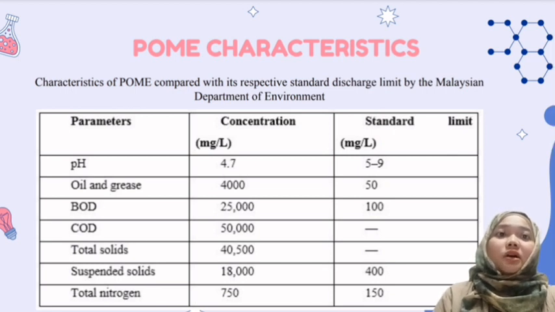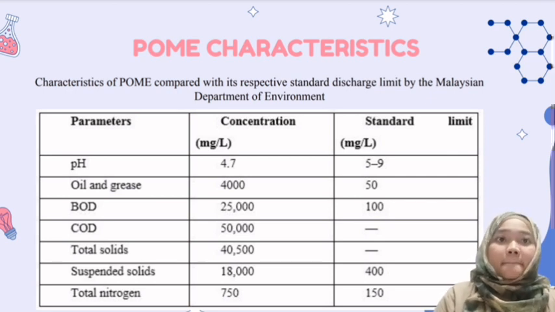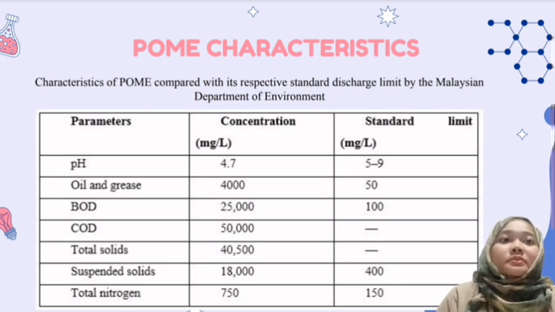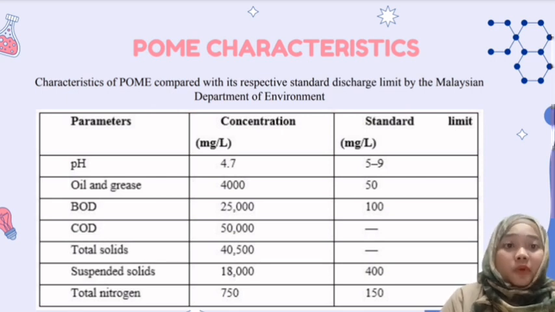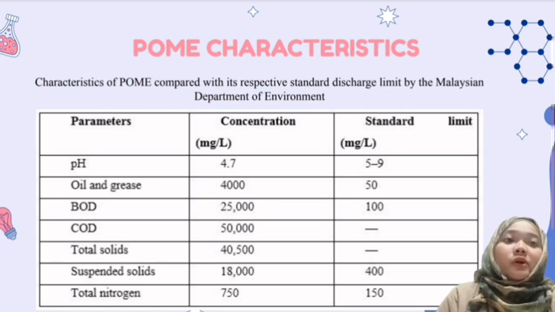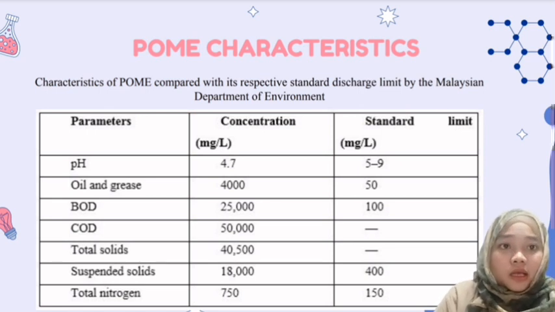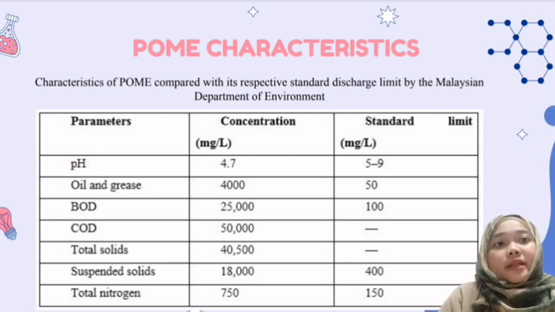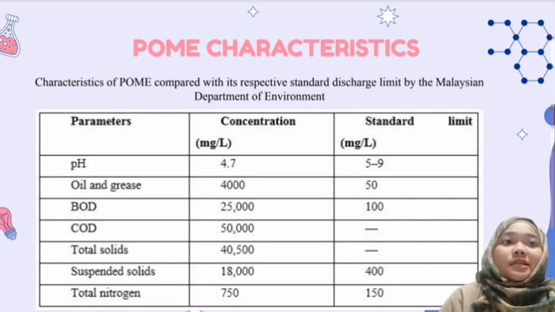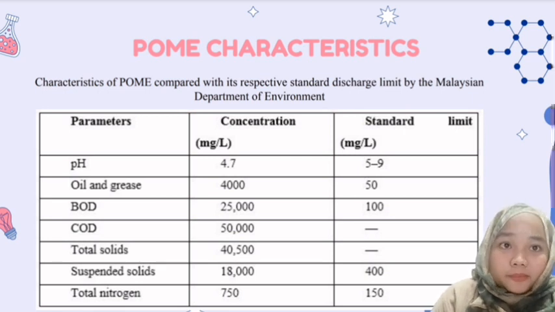The characteristics of the POME wastewater are shown in the slide. The pH of the POME wastewater is 4.7, while the discharge limit is from 5 to 9 pH. The oil and grease concentration in the POME wastewater is 4,000, while the discharge limit is 50 milligram per liter.